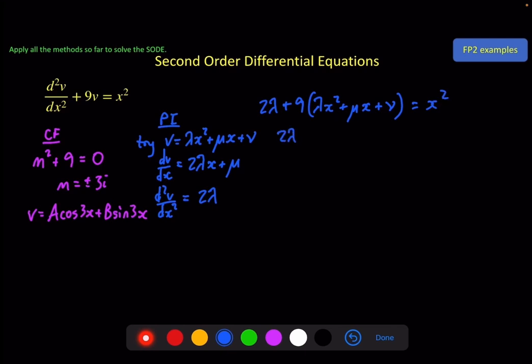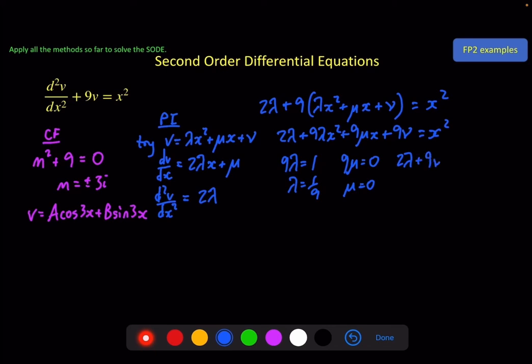So we've got 2 lambda plus 9 lambda x squared plus 9 mu x plus 9 nu equals x squared. So 9 lambda equals 1, lambda equals 1 over 9. 9 mu must equal 0 for the x's, so mu equals 0, and 2 lambda plus 9 nu has to equal 0, so that's 2 over 9 plus 9 nu.